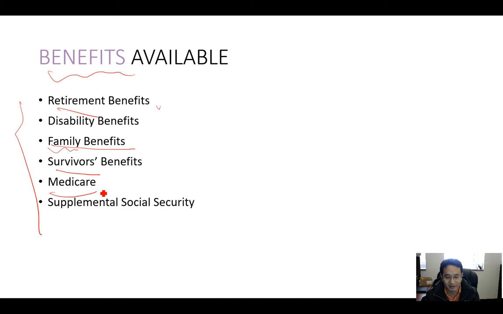And then Medicare, this is very important. This is the main reason why people rely on Social Security, or Medicare, okay? Or medical. This is medical. Because insurance companies are for profit, okay? So for people who go to the hospital every day, they don't want to write insurance for them.